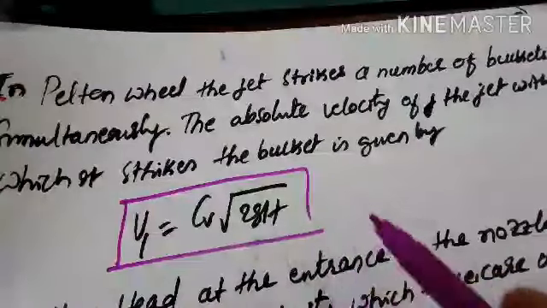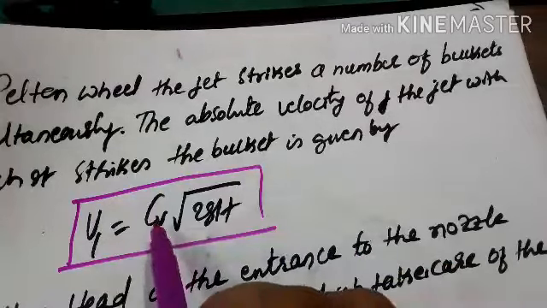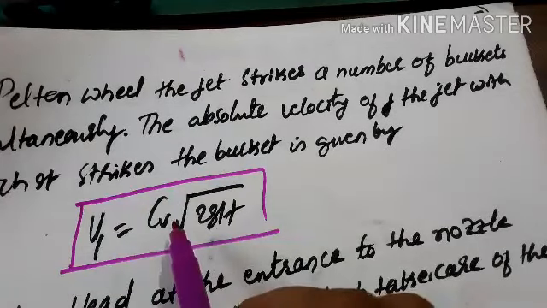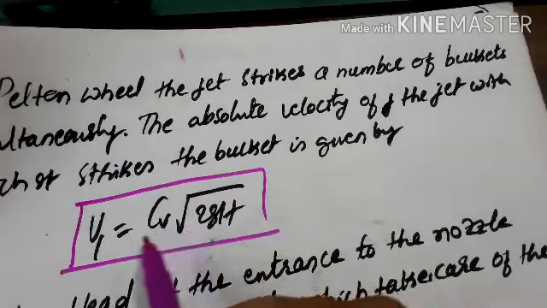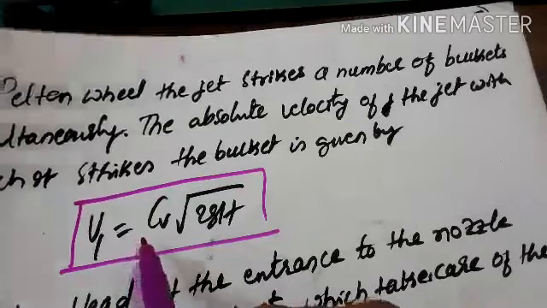Actually the theoretical velocity will be root of 2gh, and I am multiplying it by Cv, a coefficient of velocity, since there will be some losses which are to be taken into account.